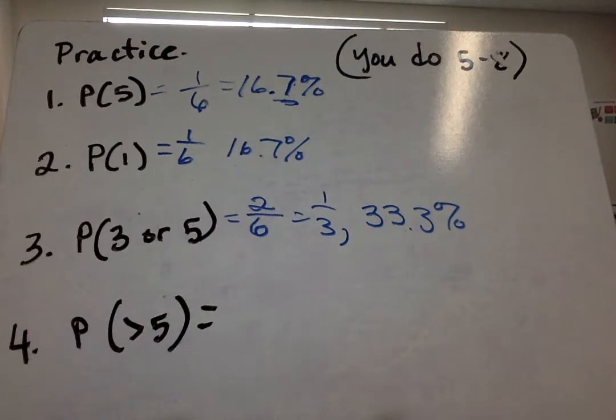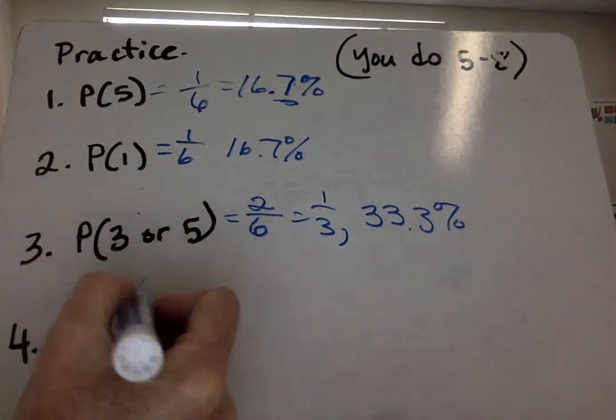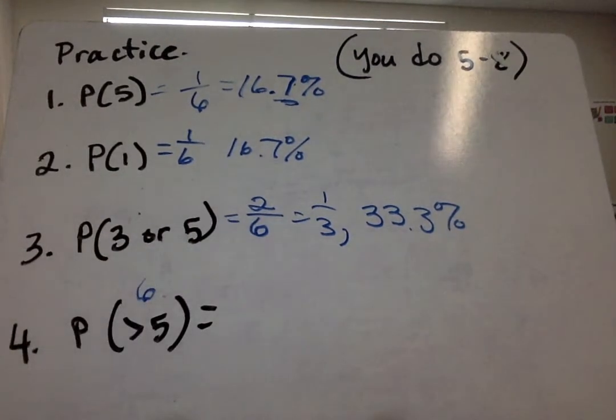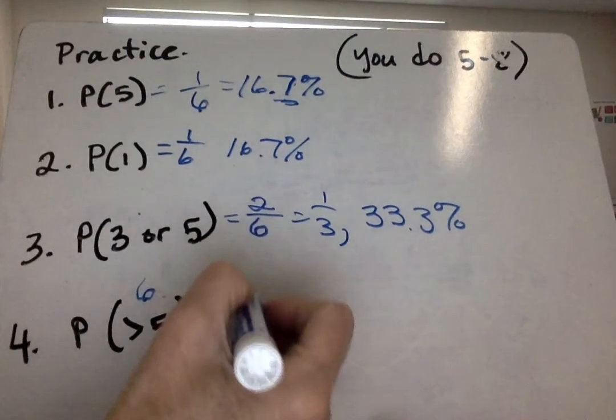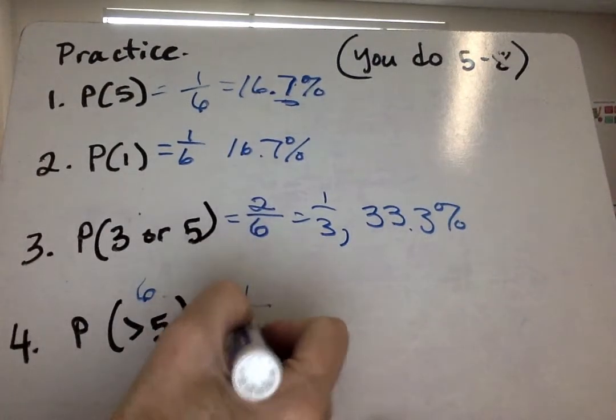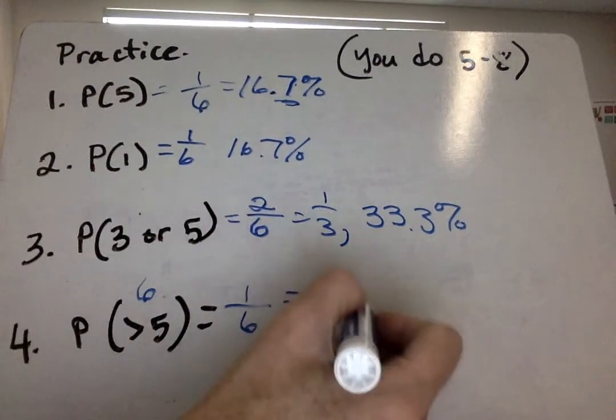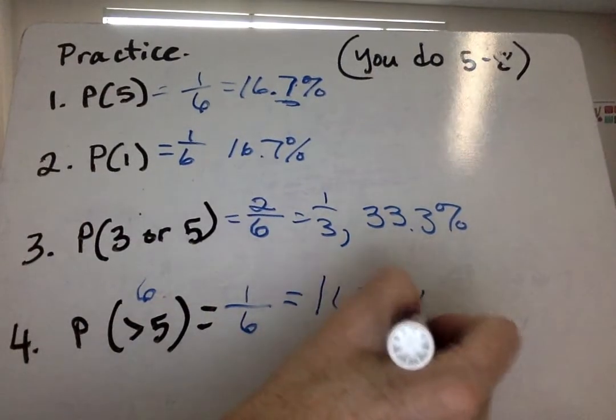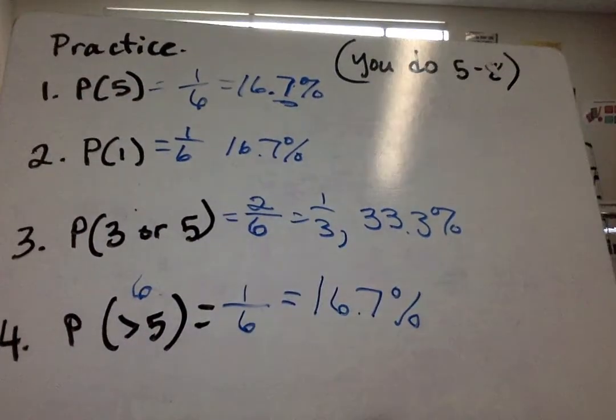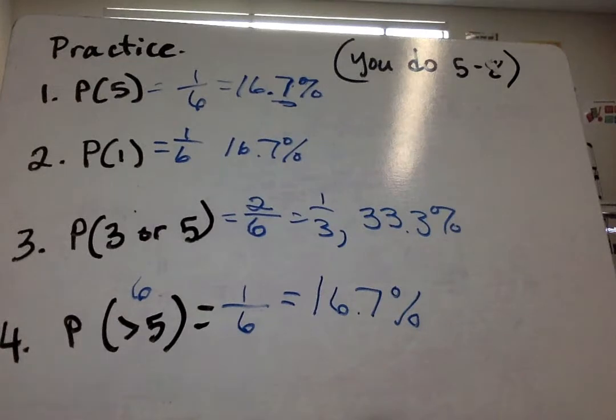Probability of greater than 5, that would be basically probability of 6. And that goes back to 1, there's 1/6 out of 6 total, the same thing as number 1. I'm going to let you do the rest. If you want to pause the video, I'm going to go on to the next page.